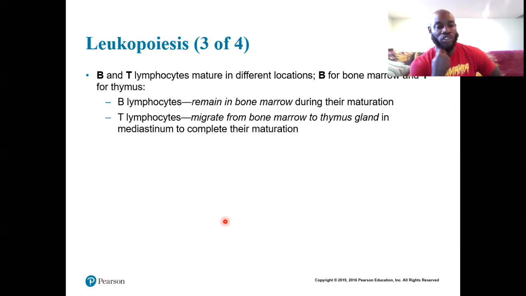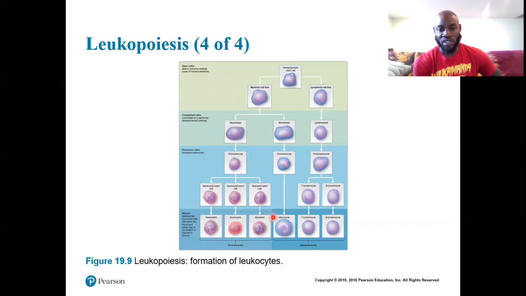T cells mature in the thymus, which plays a role in how they eventually will circulate in our bodies. And this is a diagram just showing you the overall structure of how these white blood cells are made. And you can look at this slide in closer detail and just see where these different cells come from in our body.